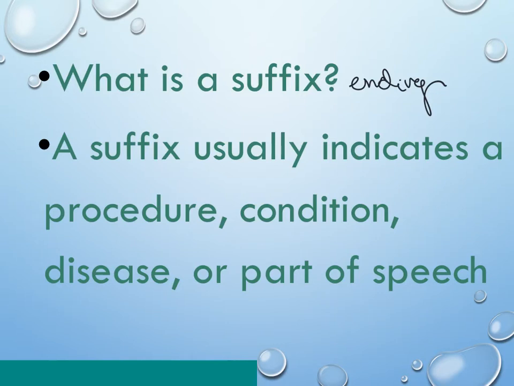It tends to indicate procedures, conditions, diseases, or sometimes just the part of speech, whether it's a verb or noun or something. So again, there's a few of these that you'll need to know this year. There are many, many, many others. There's a whole course called Medical Terminology where you just learn terminology for all the parts of the body. So this is just a jumping off point.